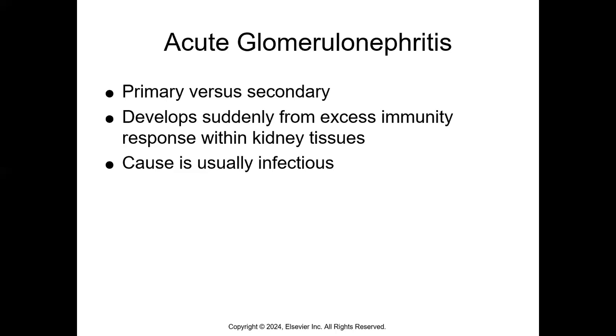You'll often see swelling. And in acute glomerulonephritis, there's often an excessive immune response to an infection. So often, 10 or so days after an infection, then you will start to see problems with the kidney. This is very common with strep infections that have not adequately killed all the bacteria.